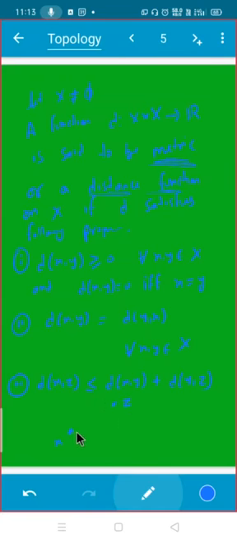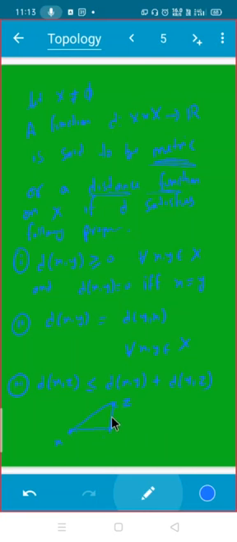I want to find the distance between x z. This is always going to be less than or equal to distance between x y plus distance between y z. This is sometimes called taxi cab property, something like that. I'll come to it later on when we'll be doing that modulus one.